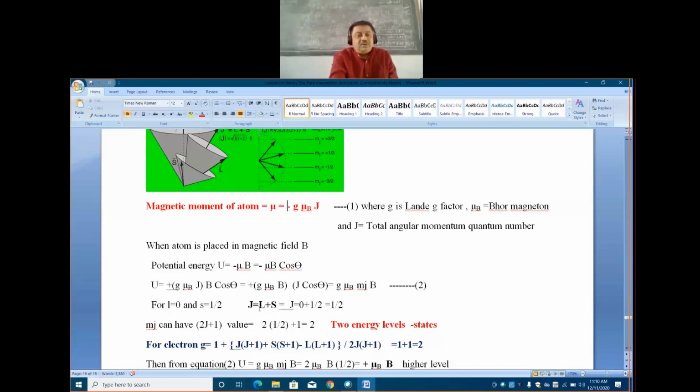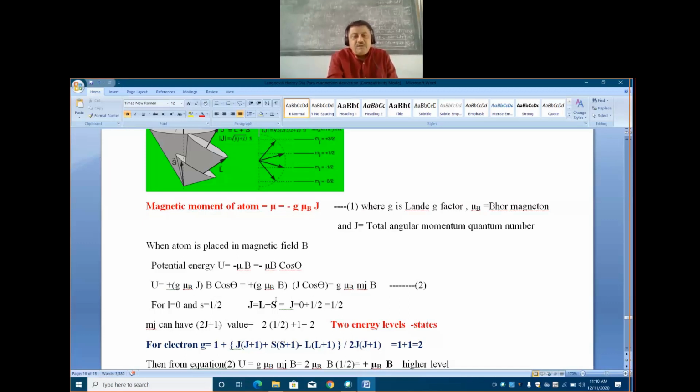It means mj, which is projection of J along the field axis, can have 2J plus 1 values.